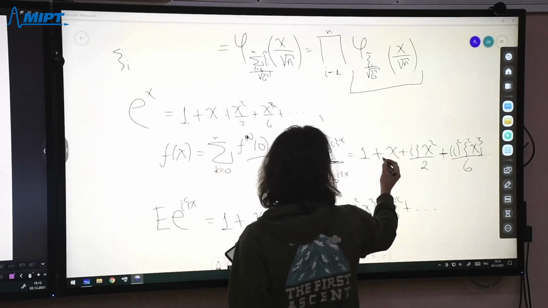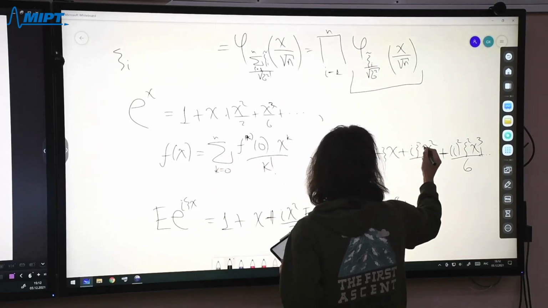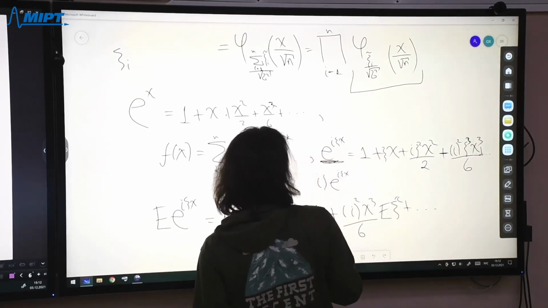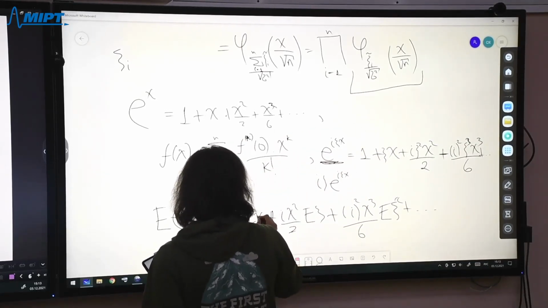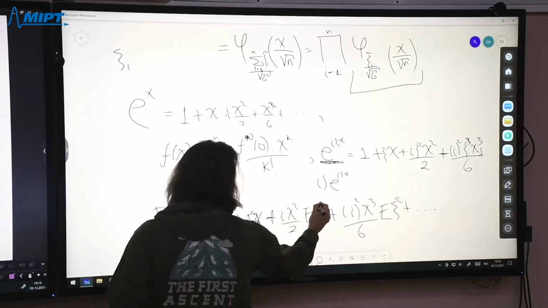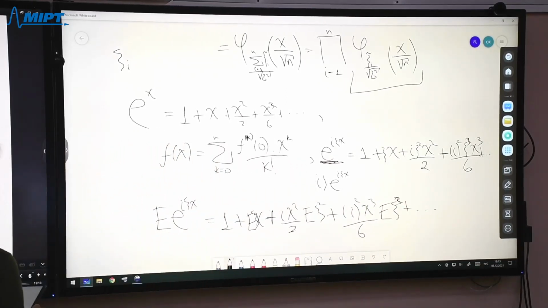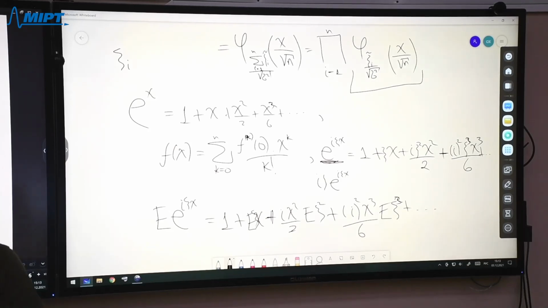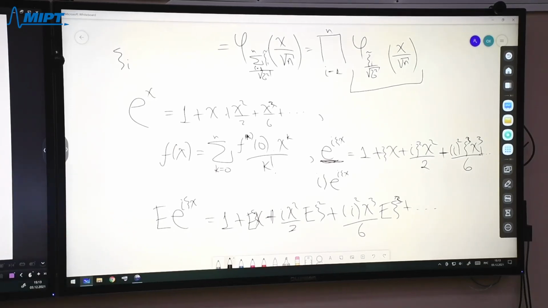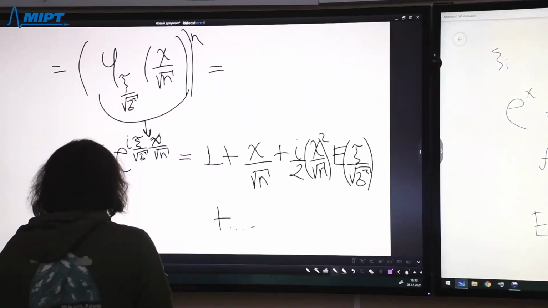Here we had psi already, here we have psi squared, and here we have psi, and here we have further psi, this is square, this is 3. Okay, now we can put all of this here, and what do we get?